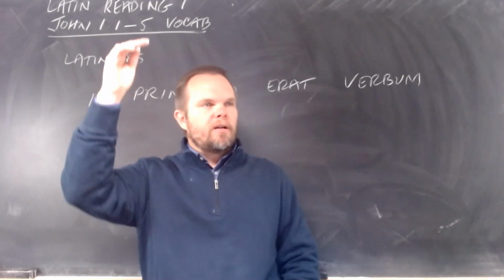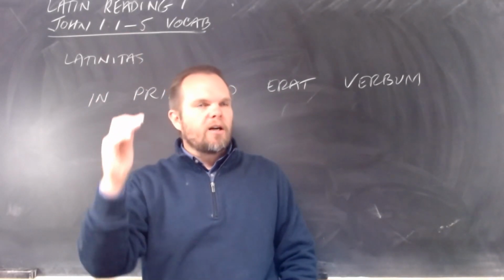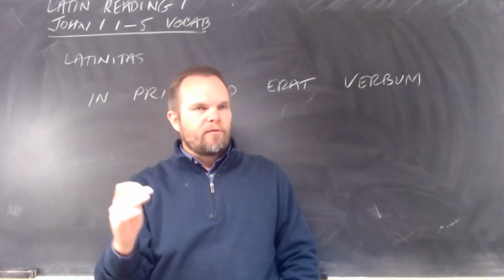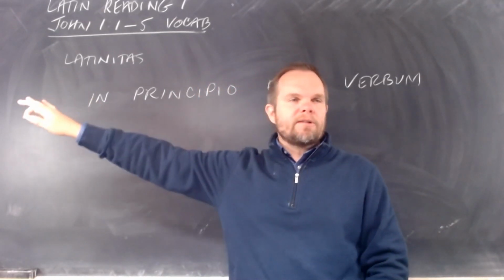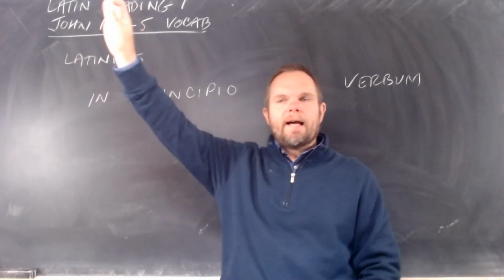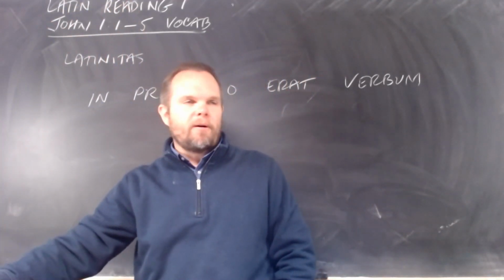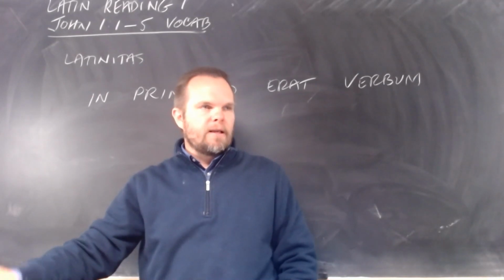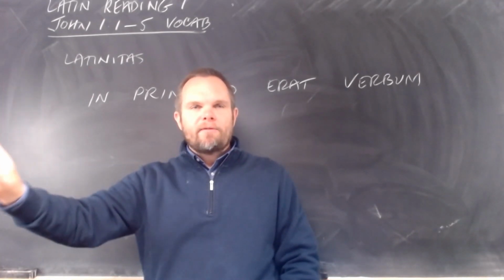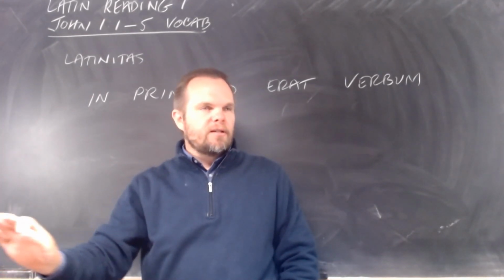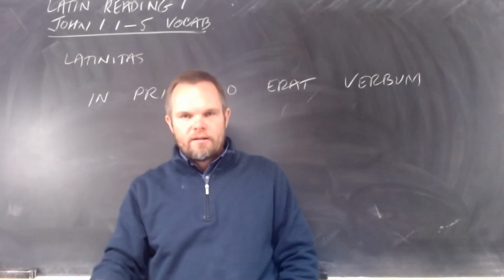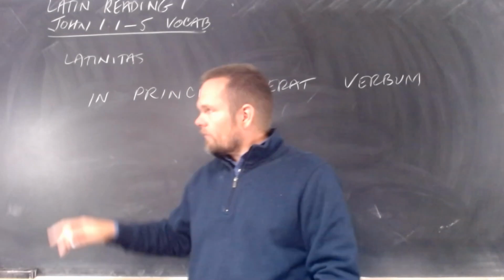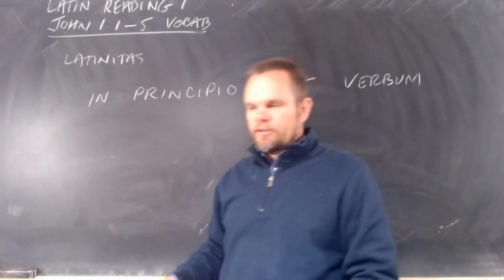Remember, we learned the first 4 parts of speech are declined. They have different forms. So if you know that in only has one form, then you know it has to be one of the last 4 parts of speech. Preposition, adverb, interjection, conjunction. It's got to be one of those 4. And in is a preposition.